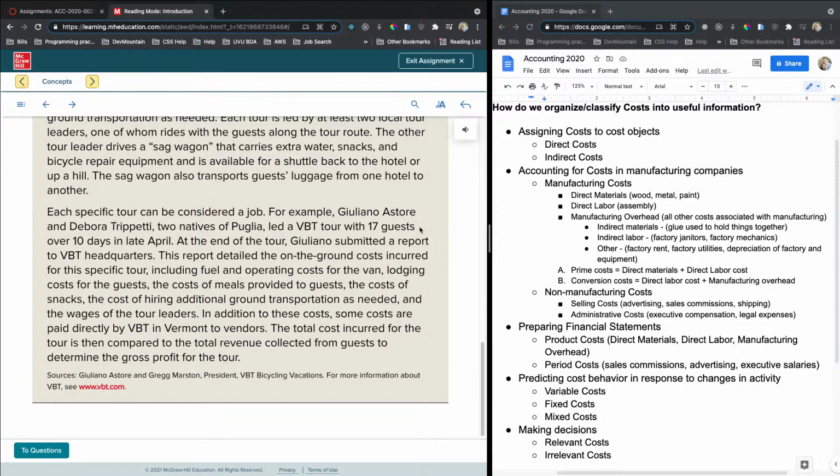That's an interesting way to build a business, because basically you have a business that has already sold the ticket, right? They sold the ticket to say, hey, this is how much it would cost for this tour. The tourist comes, they do the trip, and then they calculate all the costs and send it back to headquarters, and they find out if they had a loss or a gain. I mean, they should be wise enough to sell it at a high enough price that it should always be a gain.